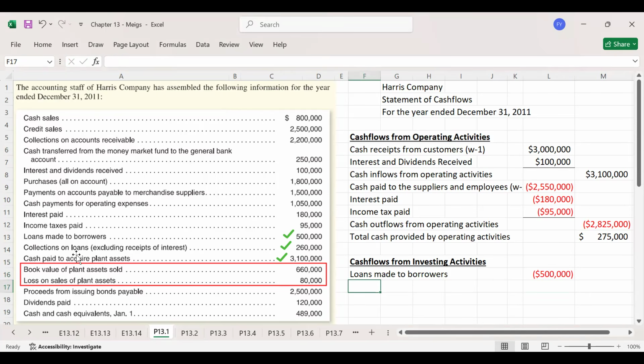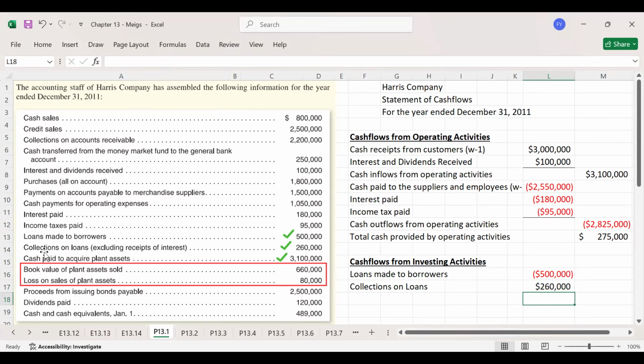Then collections on loan. Collections on loan means the company is getting cash. So this would be a positive amount, which is $260,000. So here we have dollar sign.